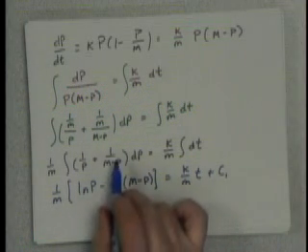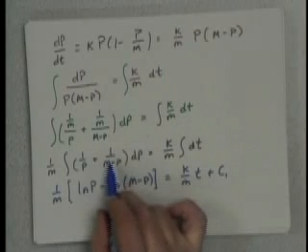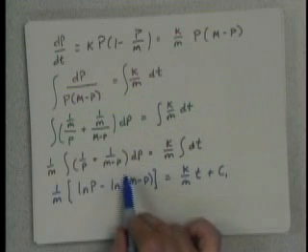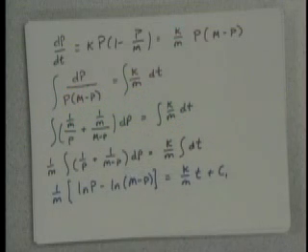This minus sign came because in order to integrate 1 over m minus p, you have to use a u substitution, and the u is going to be m minus p, and you end up with a negative sign there.